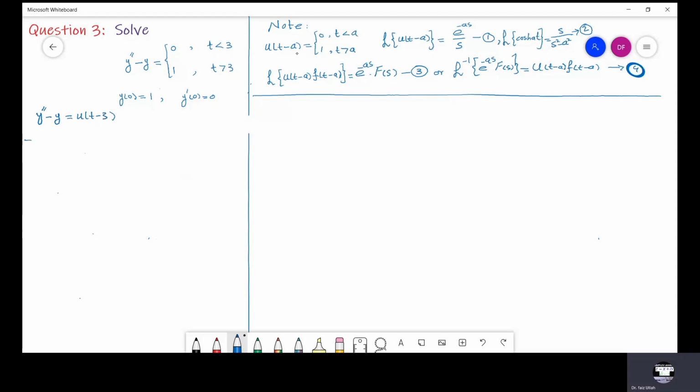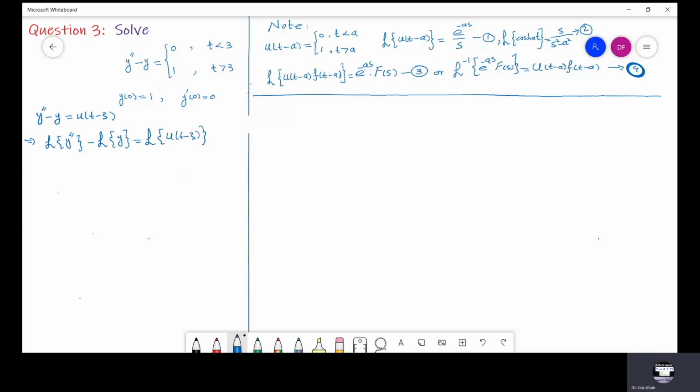And now as usual we are taking Laplace transform of each term. So Laplace transform of y double dash minus Laplace transform of y is equal to Laplace transform of u of t minus 3.